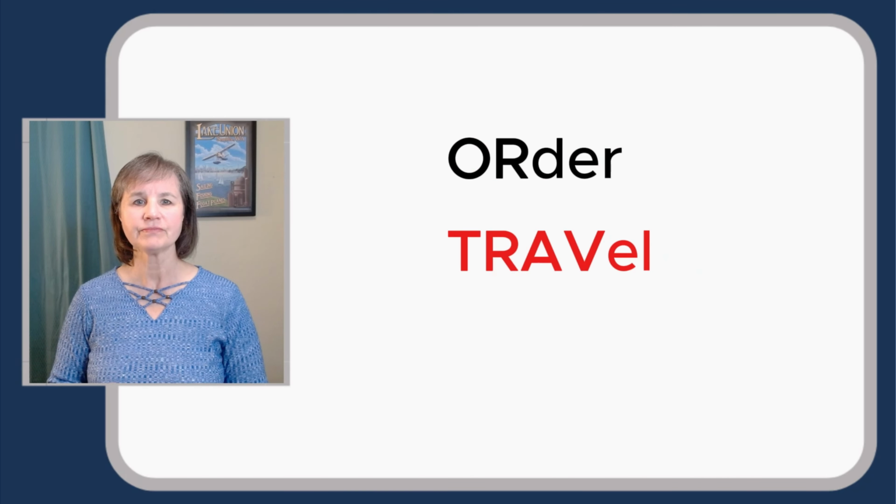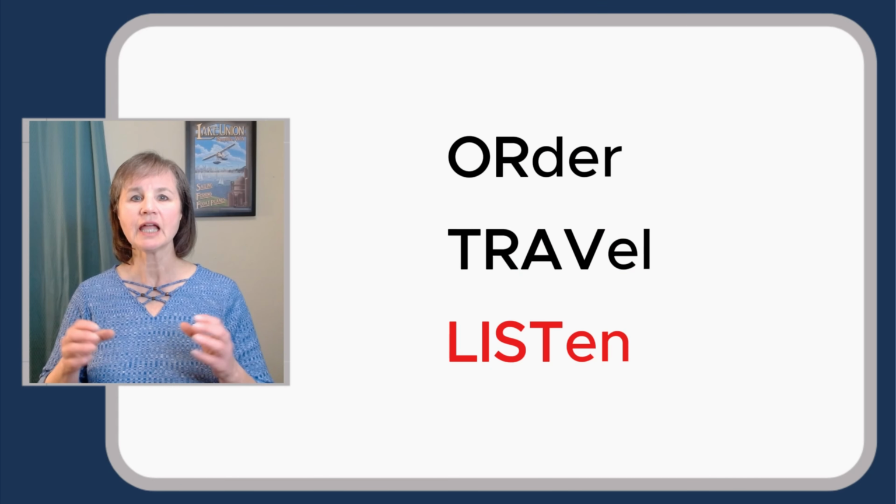Some examples include order, travel, listen. While two-syllable nouns are much more predictable in their stress pattern, verbs are a little more mixed. Even so, there are clear patterns that help you predict where to place stress in short verbs. Let's take a look at some helpful tips you can use to determine whether your short verbs are stressed on the first or the second syllable.